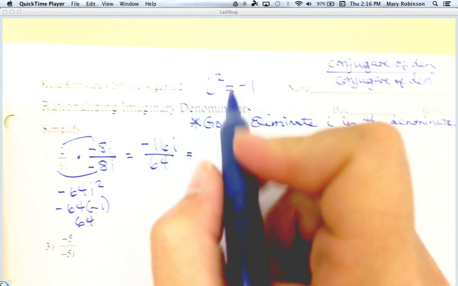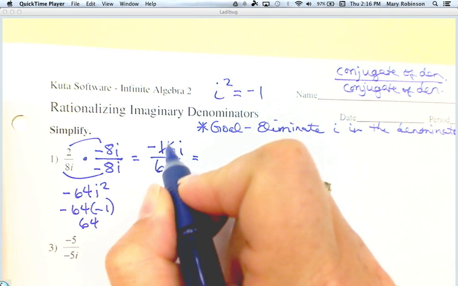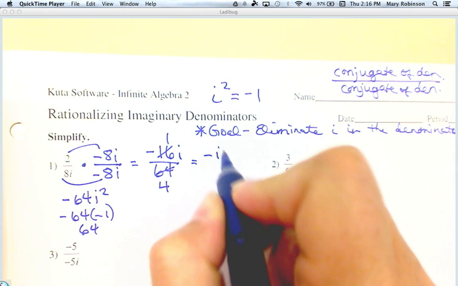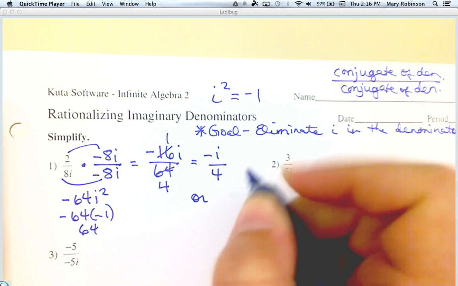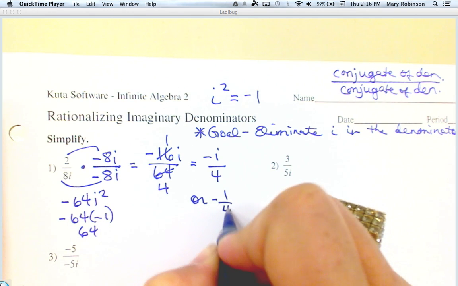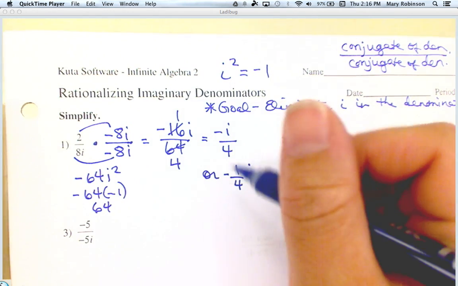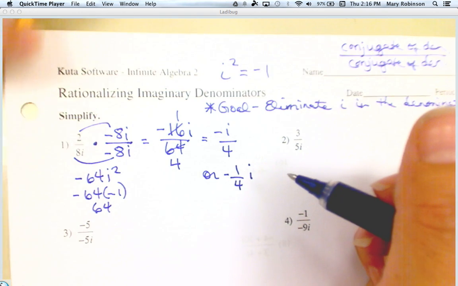So there's two ways we can write it. We can write it as -i over 4, or I can write it as -1/4 with i beside it. Either one of these would be acceptable answers.